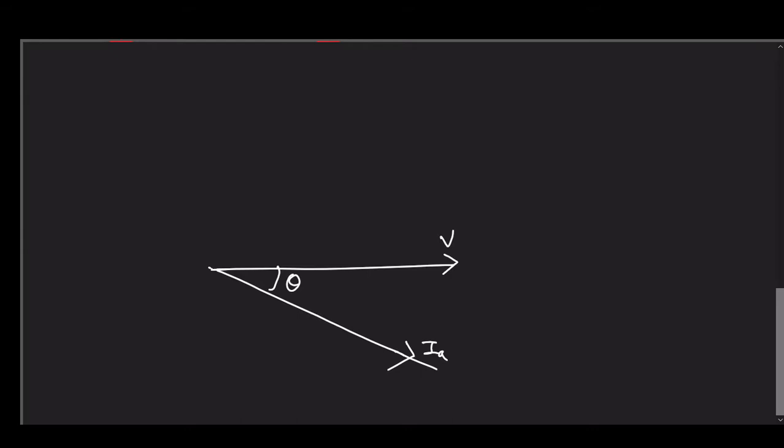If we consider that the armature winding can be represented electrically by a combination of resistance and leakage inductance, then for this IA amount of current flowing through it, we can find out the amount of voltage drop that actually takes place here.